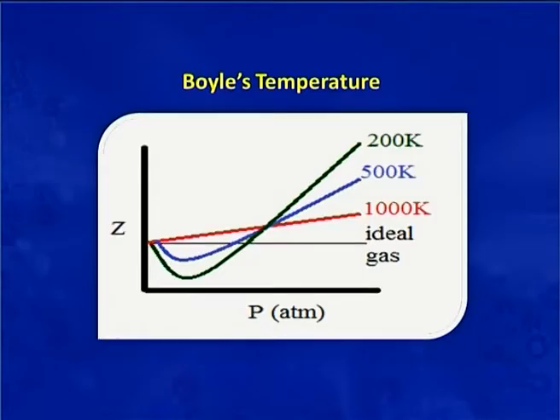Now, let us start a new topic, that is Boyle's temperature. As you have noticed, as the temperature is raised, the dip in the curve decreases. As you can see here, this is the graph for 200 Kelvin. As the temperature increases, here at 500 Kelvin, the dip decreases and the position of the minimum moves to the left.